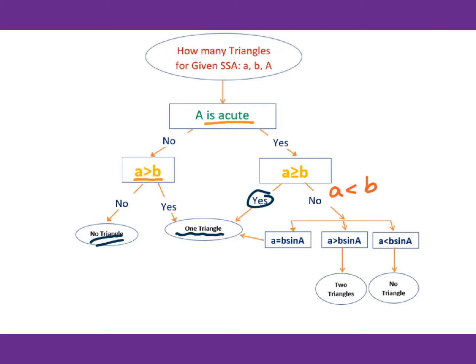If A equals B sine A, what's the meaning for B sine A? Basically, that is the height. If this is angle A, this is B. This will be B sine A.